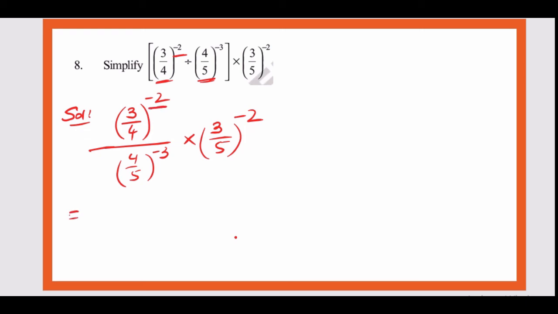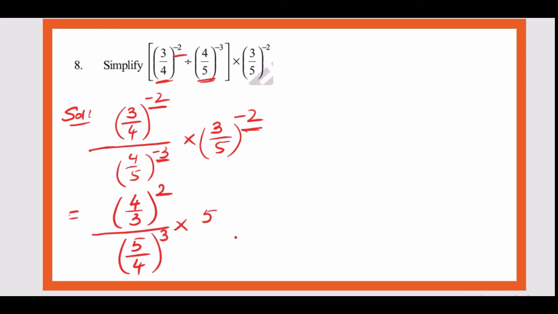Whenever you have a negative power, we said we can directly reciprocate the value. So 3 by 4 becomes (4/3)^2 divided by (4/5)^-3, which can be written as (5/4)^3, into (3/5)^-2, which can be written as (5/3)^2, right?